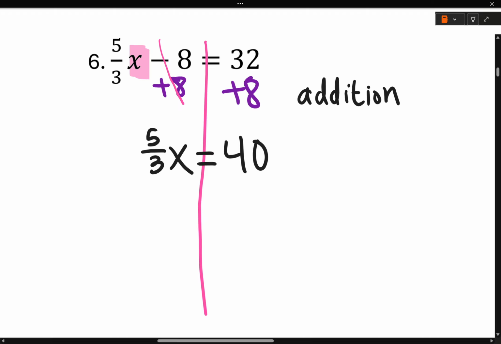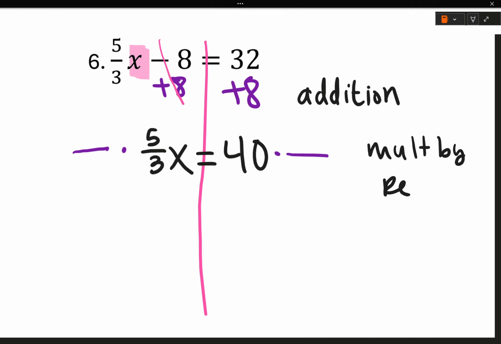Now let's get rid of that fraction by multiplying by the reciprocal. You see me not wanting to write full words anymore? That's fine. Okay, so the reciprocal of 5 over 3 is 3 over 5. I'm going to prove to you why this works.